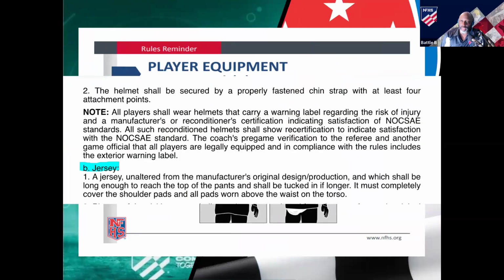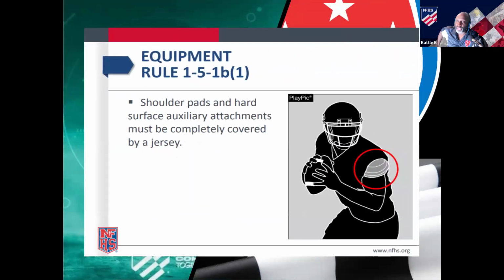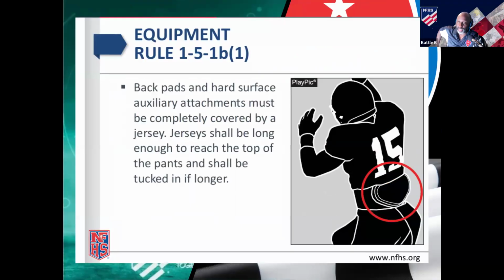So we see here in rule 1.5, a jersey is unaltered from the manufacturer's original design and production, and shall be long enough to reach the top of the pants, or shall be tucked in. If longer, it must completely cover the shoulder pads and all pads worn above the waist and torso. So again, if you got the jersey, it's got to be covered, and the bike pad has to be covered.